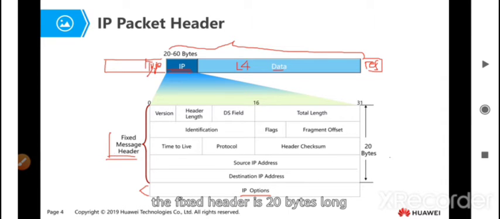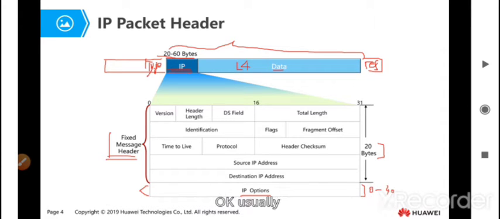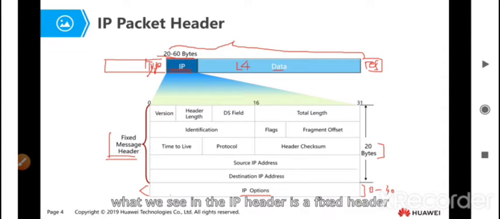The fixed header is 20 bytes long, and the IP options may be variable, from 0 to 40 bytes. In total, the IP header is 20 to 60 bytes long. But usually what we see is the fixed IP header.